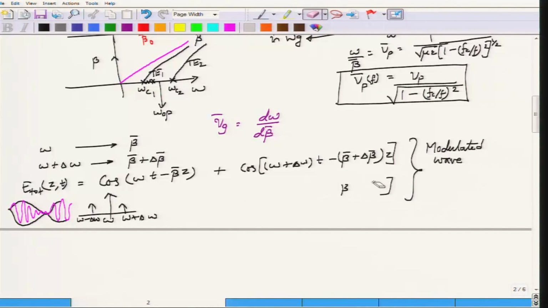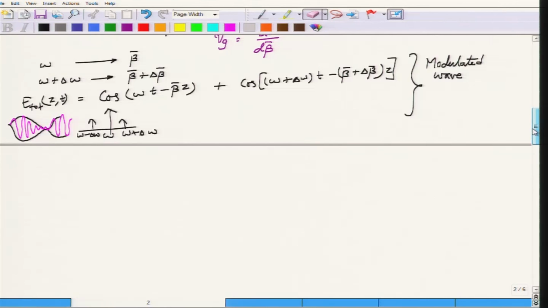Okay. And for simplicity, that is for mathematical simplicity, I will assume that there is only the carrier and its upper side band. Now, I can use some well known trigonometric identities to simplify this expression and write down the total electric field as 2 cos of delta omega by 2 into t minus delta beta bar by 2 into z.